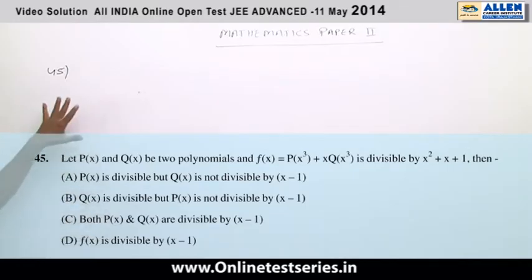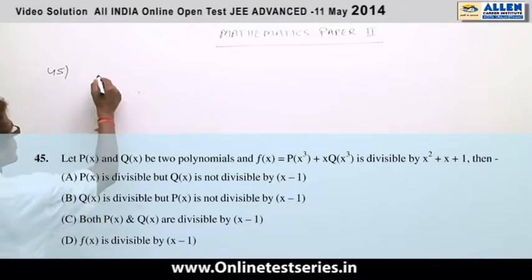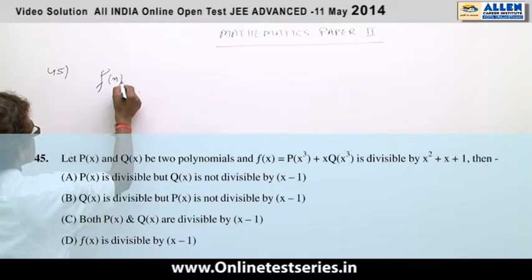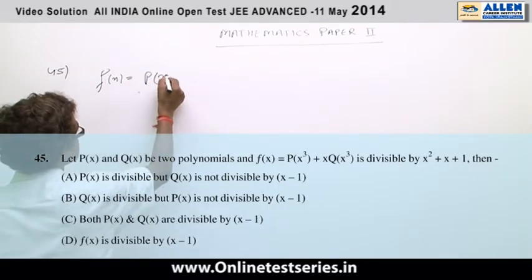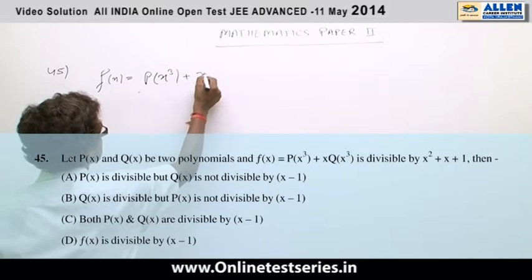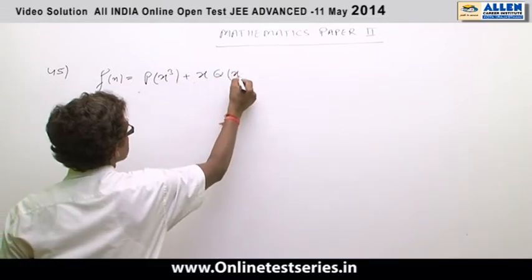Now in question number 45, there is a function given f(x) which is equal to p of x cube plus x times q of x cube.